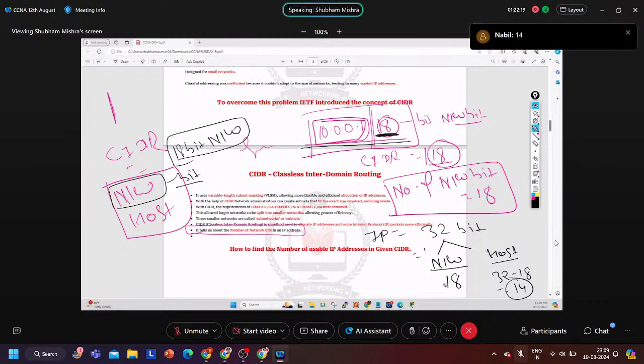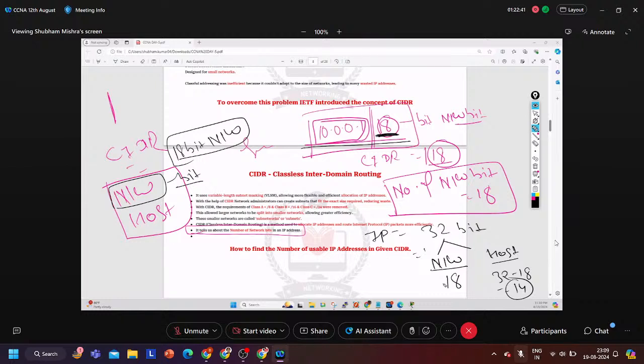It means the CIDR value tells you the number of network bits, and if you know that, you can subtract it from 32 and you will get the number of host bits. Is it clear to all of you?